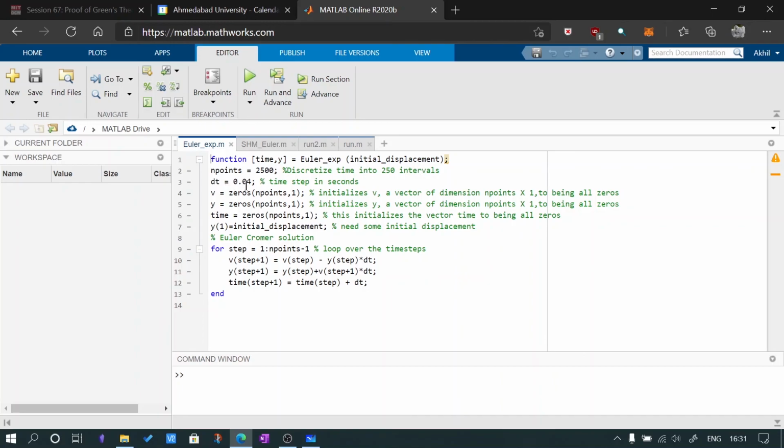So one time step is 0.04. This is the value delta t which it took, and we then define vectors, which are a velocity vector and a displacement vector.